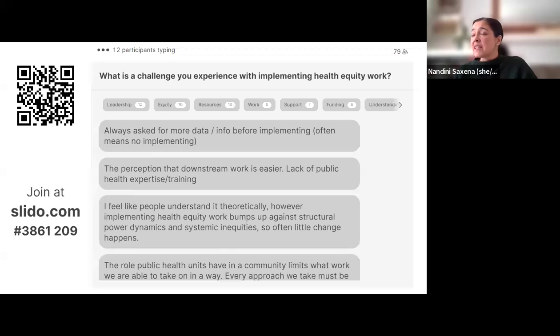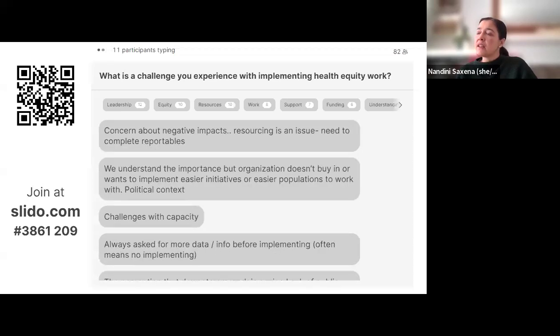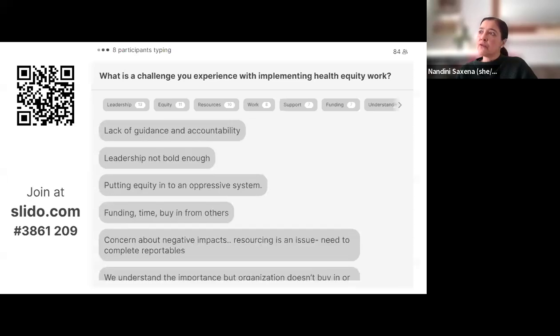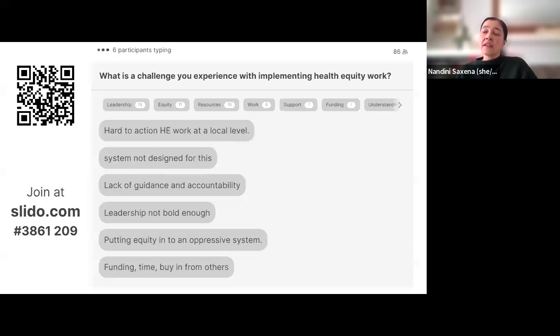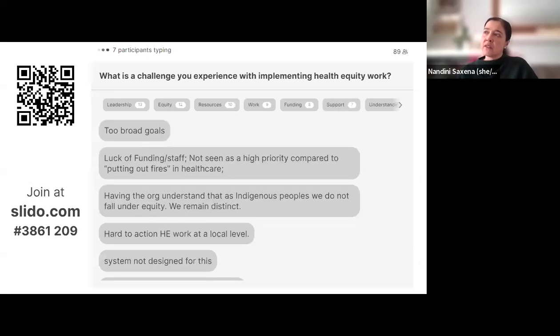Yeah, this is amazing information and content: challenges with capacity, lack of data on populations who experience different forms of inequity, leadership that is not bold enough, and a system that is not designed for this. So these are fantastic insights, and really appreciate you all taking part in this poll.